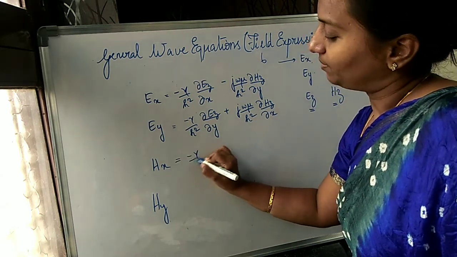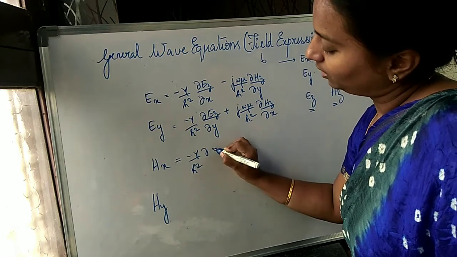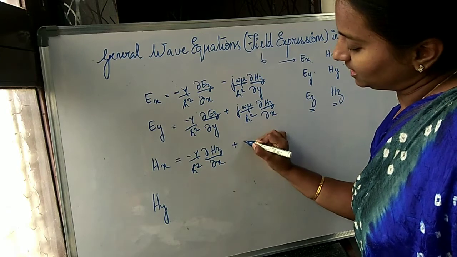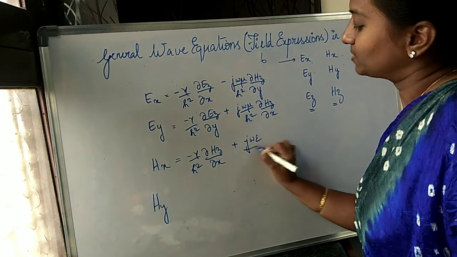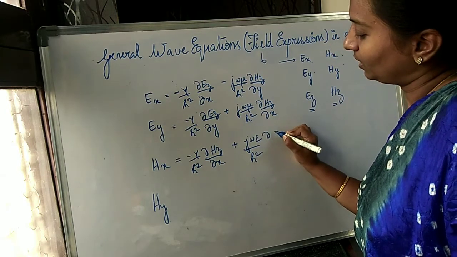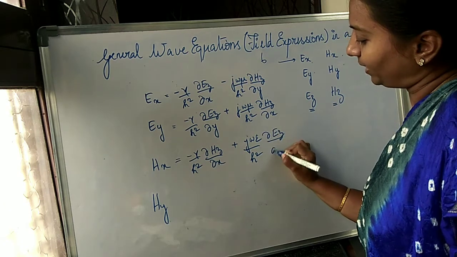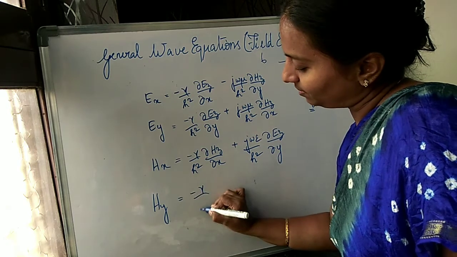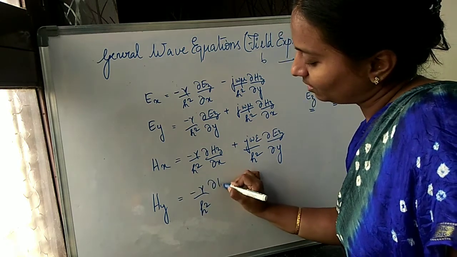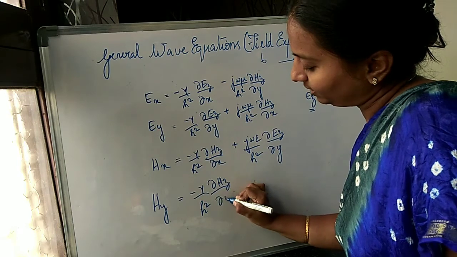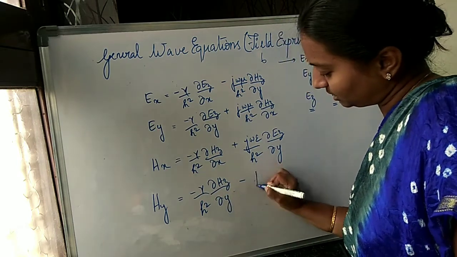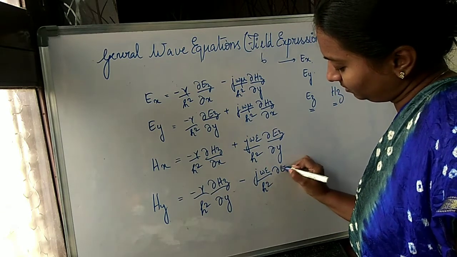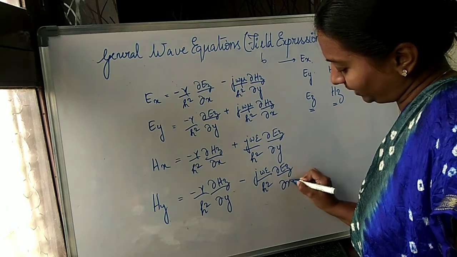Hx is minus gamma by h square dou Hz by dou x plus j omega epsilon by h square dou Ez by dou y. Hy is minus gamma by h square dou Hz by dou y minus j omega epsilon by h square dou Ez by dou x.